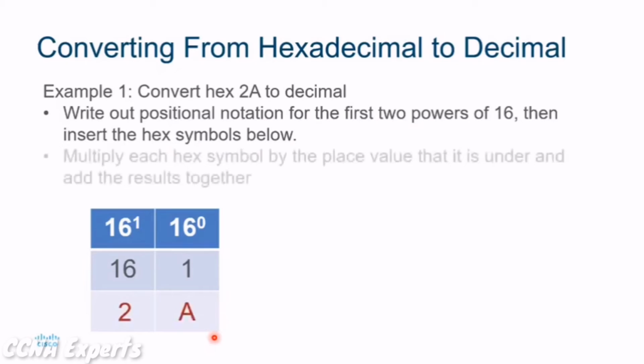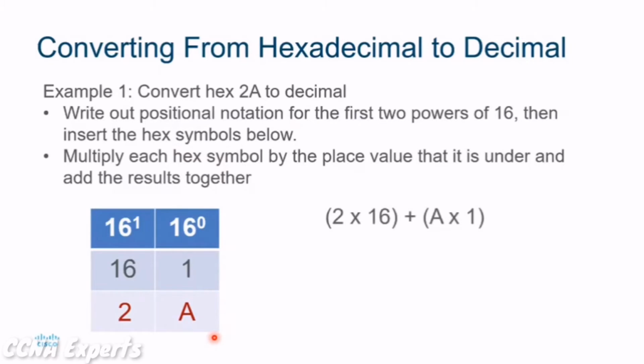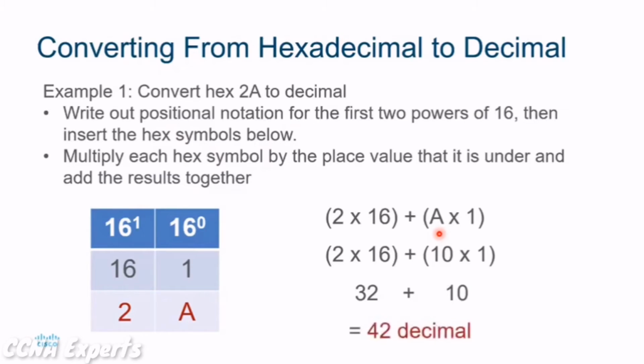Then I'll multiply each hex symbol by the place value that it's under and add the results together. So we get 2 times 16 plus A times 1. That gives us 2 times 16 plus 10, which is the decimal equivalent of A in hex, times 1, which gives us 32 plus 10, or 42 in decimal.